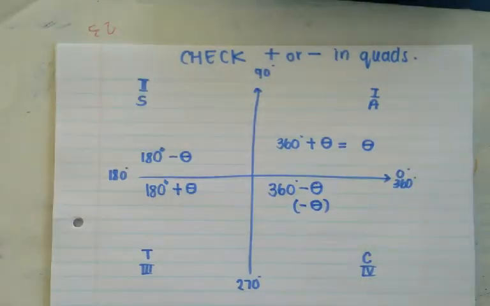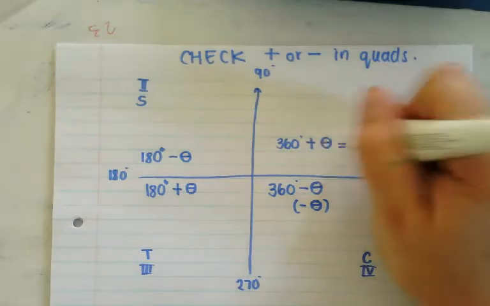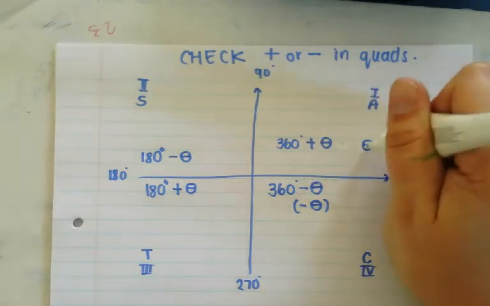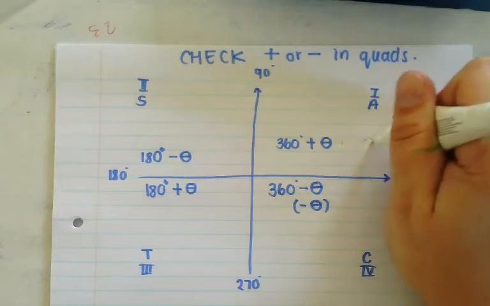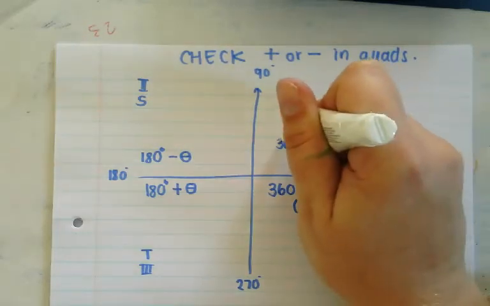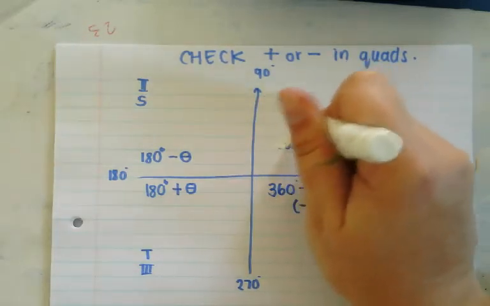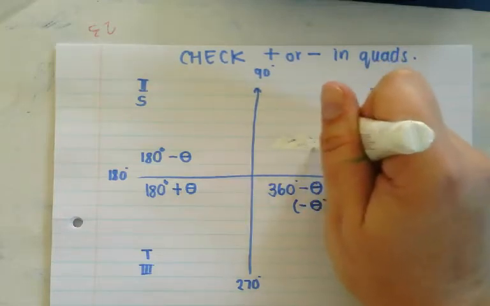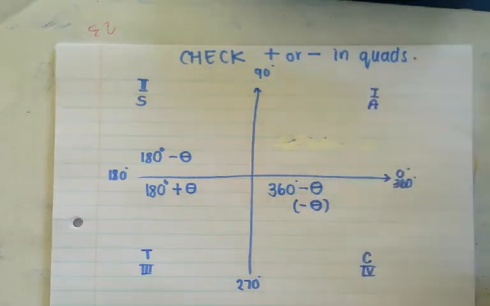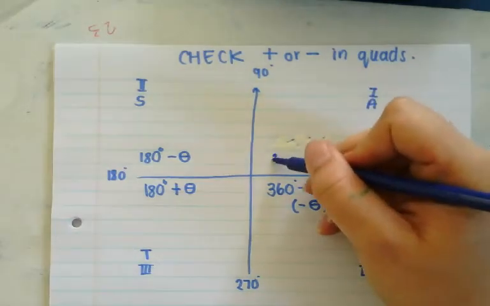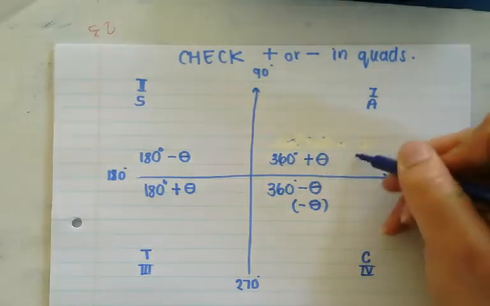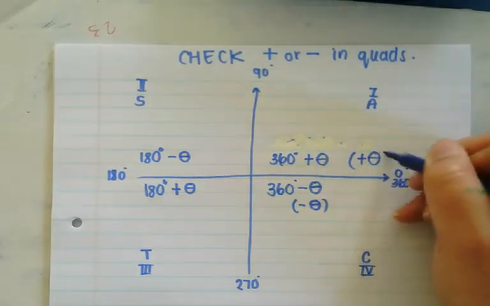Sorry, I was going to take that equals away there. I'm just writing it lower so I have more space. So those are the reduction formulas that I could use.